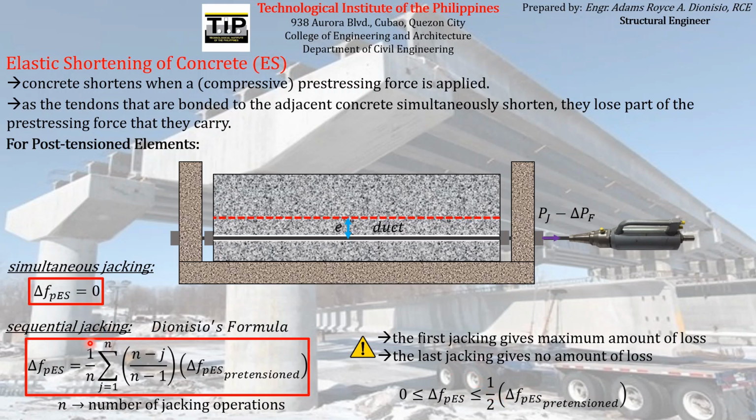So that pre-stress loss ranges from 0 to 1/2 of the pre-stress loss due to elastic shortening for the case of pre-tension elements. So that is how you can compute for the pre-stress loss due to elastic shortening of concrete for post-tension elements.